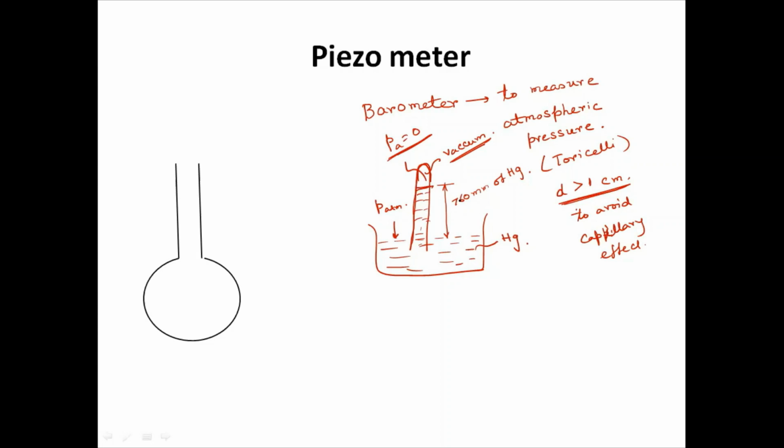And here the height is 760 mm of Hg. So here it is atmospheric pressure, here also atmospheric, same level. So P atmosphere is equal to 760 mm of Hg for this height. So 760 mm means 0.76 meter into 13,600 into 9.8.